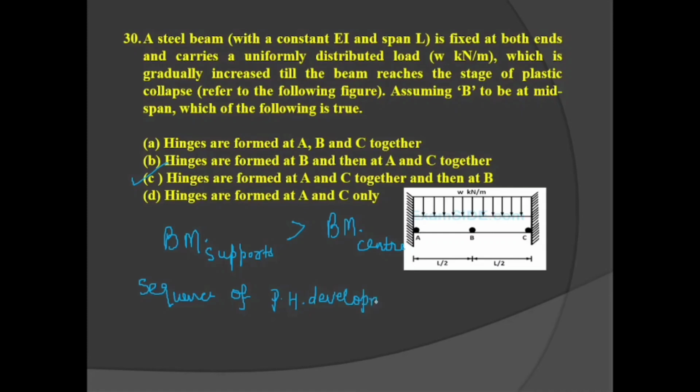Initially, the plastic hinge is developed at A and C, then at B. This type of problem we had discussed during the theoretical portion for fixed beam cases subjected to UDL over entire length. That's okay.